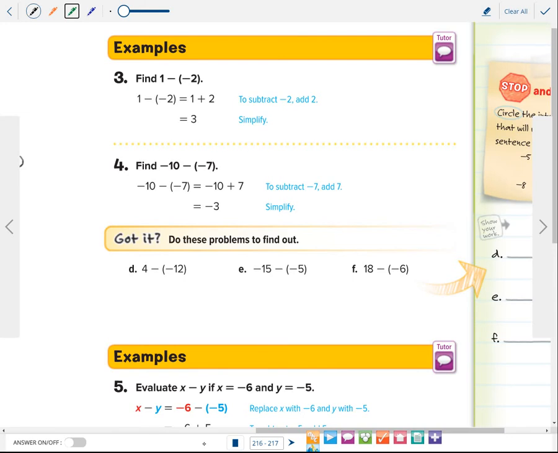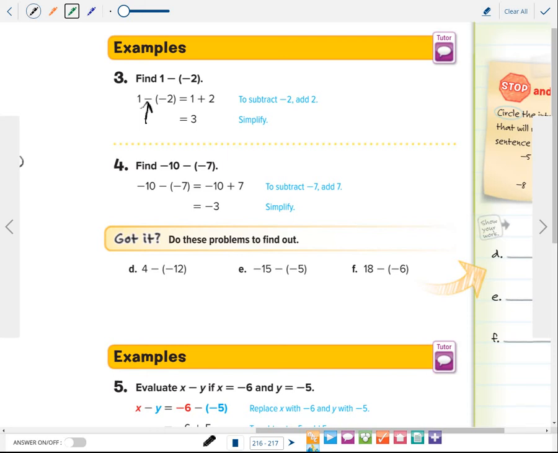Some more examples. Here's the situation where a negative and a negative becomes positive, where we have 1 minus negative 2. In this situation, I'm just trying to make you think of a double negative in English, where it becomes a positive. 1 minus negative 2 turns into an addition problem with the additive inverse, 1 plus 2, which equals 3.